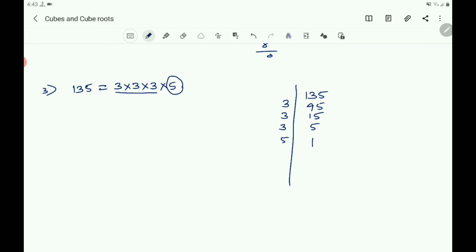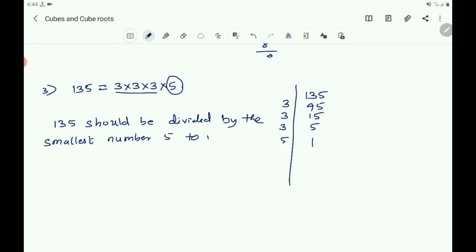So what we can conclude, 135 must be divided by the smallest number 5 to make it a perfect cube. So 135 should be divided by the smallest number 5 to make it a perfect cube.